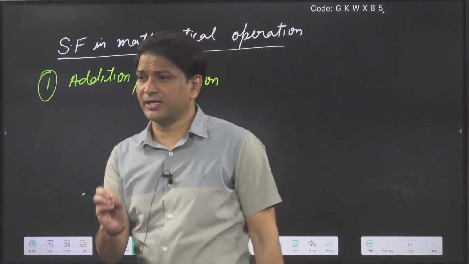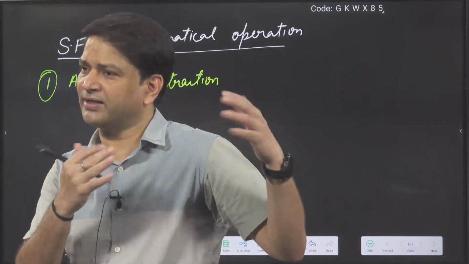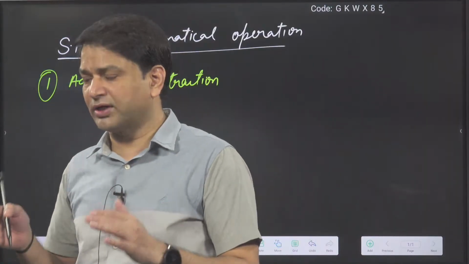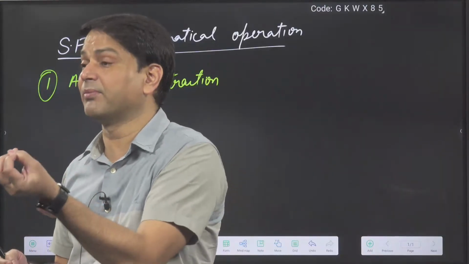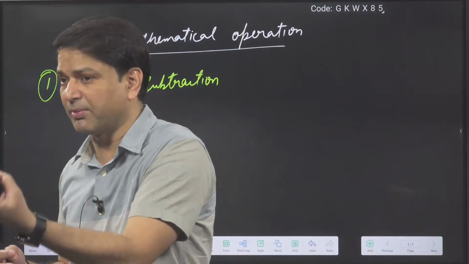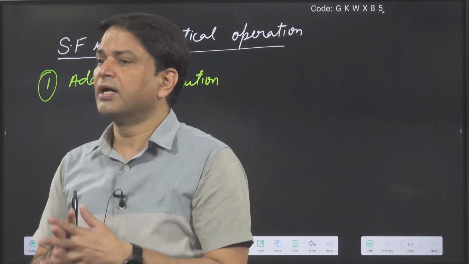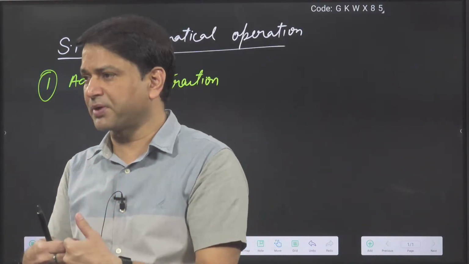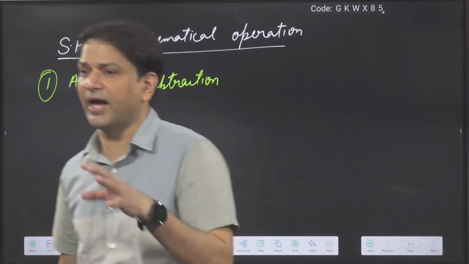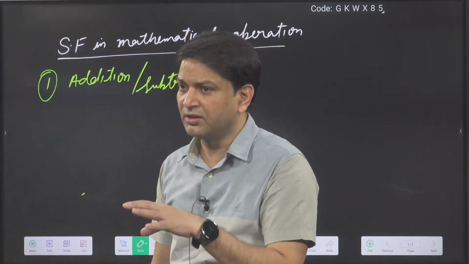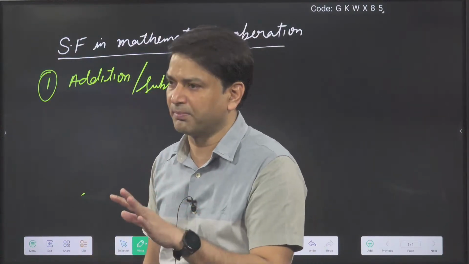So if the numbers contain a decimal, left of the decimal, whatever you get is right. Right of the decimal, you have to follow the number which has the minimum decimal places; our result will also have the same number of decimal places. So in addition and subtraction, if the numbers contain a decimal, the final result will have as many decimal places as the minimum decimal places among all the numbers.